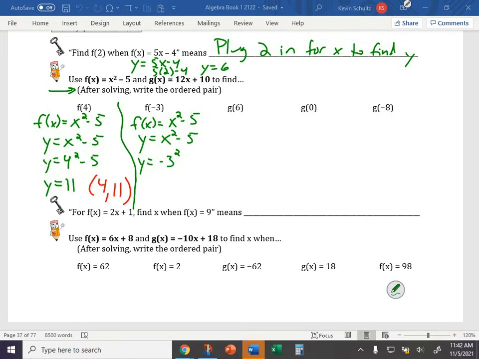Because remember, the difference is, without parentheses, you're just squaring the 3 and putting the sign on at the end, so that would be -9. With parentheses, it makes that negative sign part of the base. You're taking -3 times -3, that would equal +9. So you do get different answers if you use parentheses or not. We'll be using them here, if x is -3 and we're squaring x.